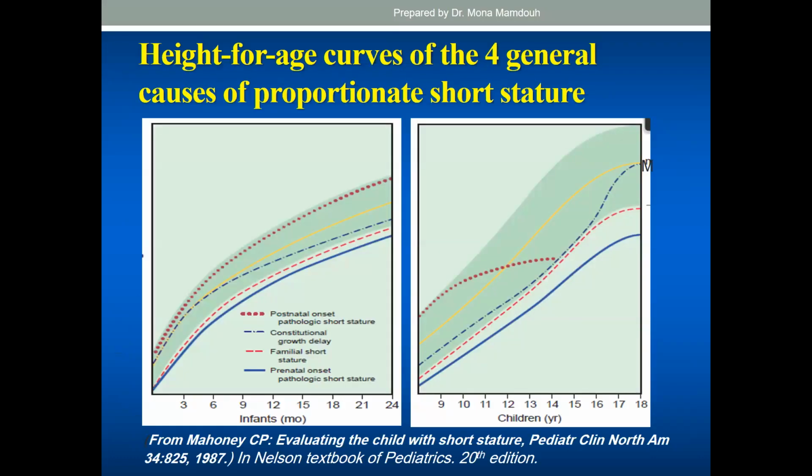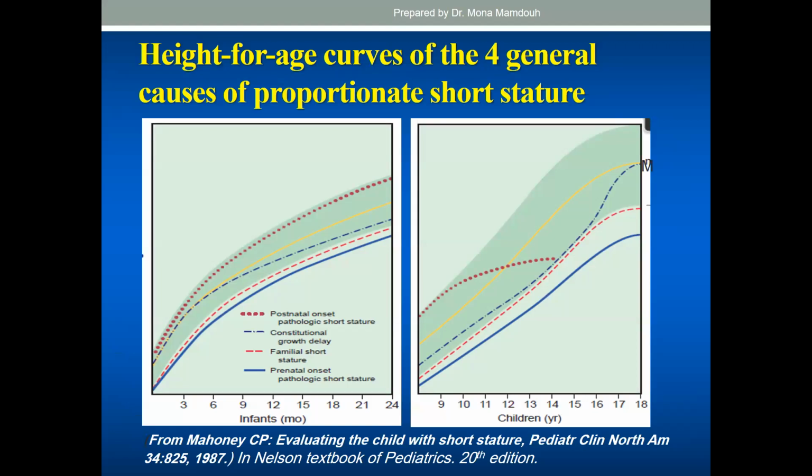This figure will clarify more the causes of short stature, especially the proportionate short stature. As you can see in the figure, you have on the left the period during infancy, and on the right it is a continuation of the same figure in childhood.